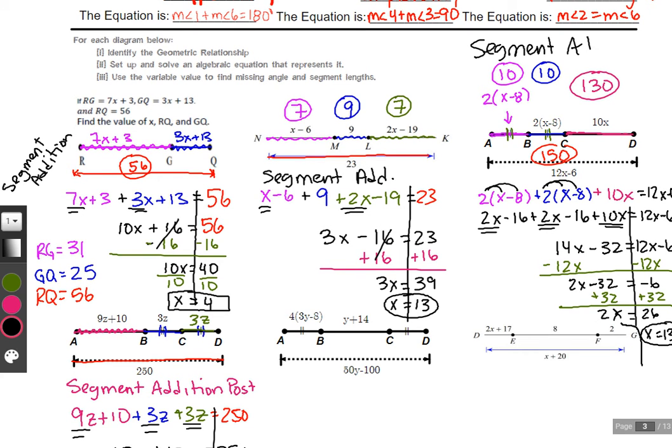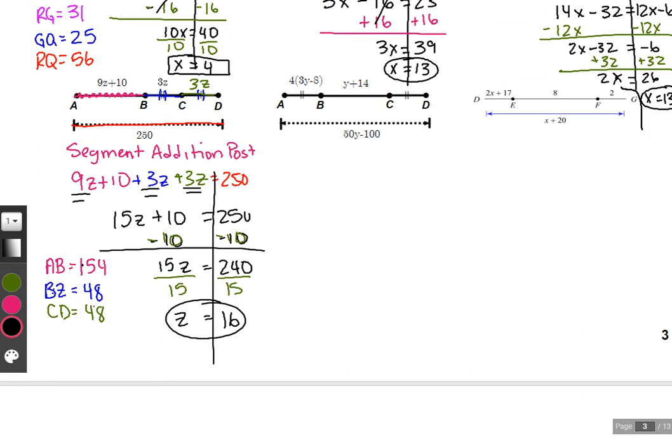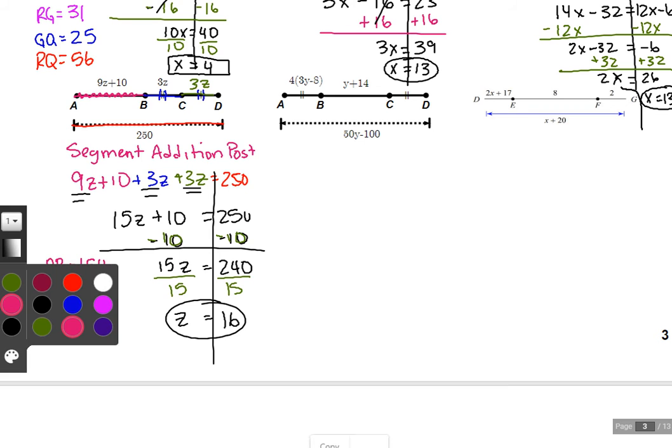Last two. We see that we have a congruent chunk over here, so this should also be 4 times the quantity 3y minus 8. Then we have the middle section, y plus 14.